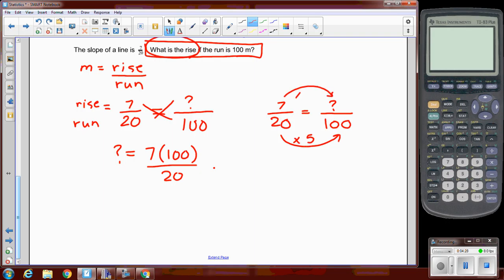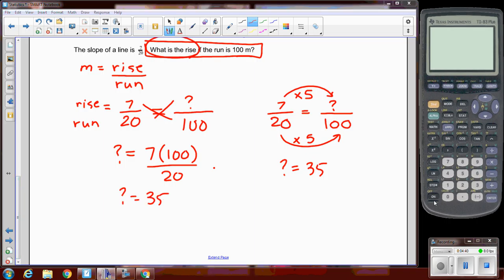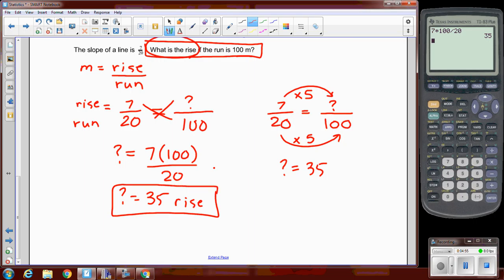So that means I have to multiply the top also by 5. So this tells me that I'm looking at a rise of 35. Or if we did this cross multiplication, and I'll prove it on the calculator, 7 multiplied by 100 divided by 20, and you could see we have a rise of 35 meters over a 100 meter run of this line.